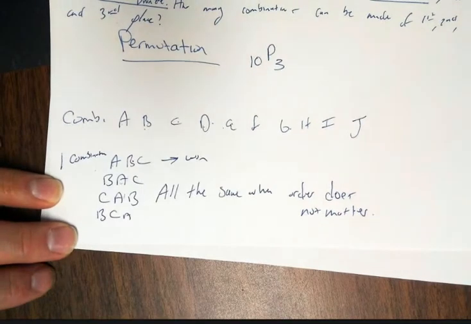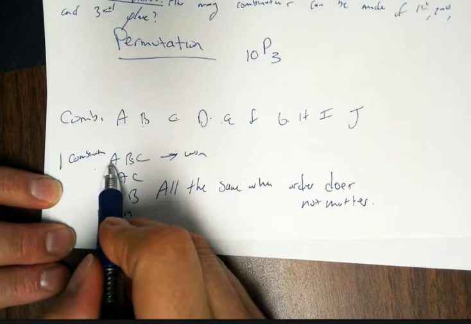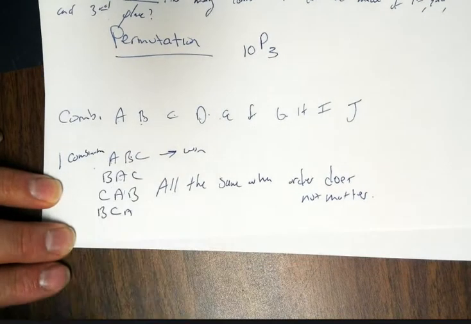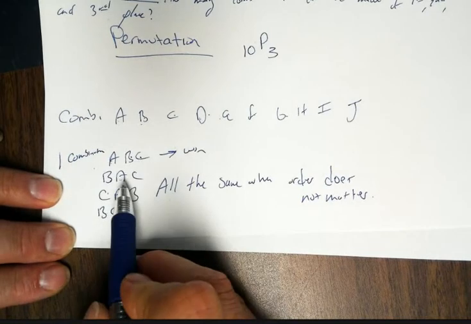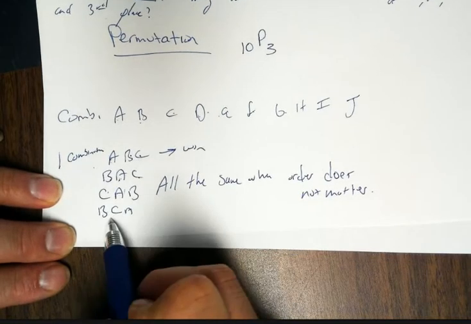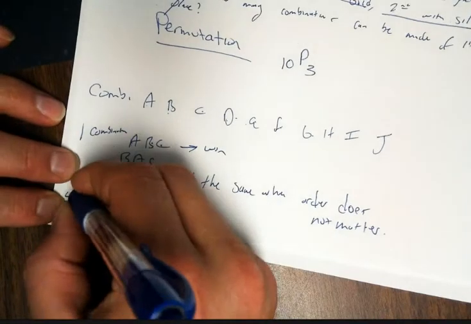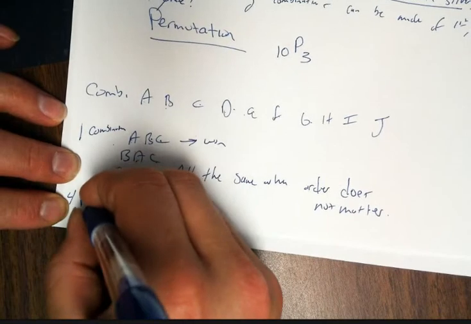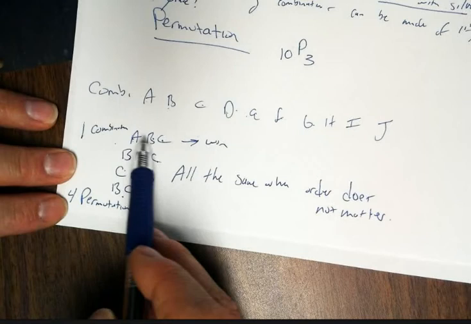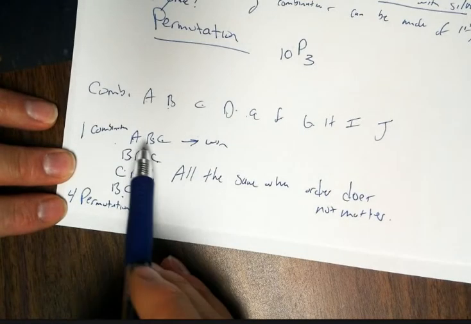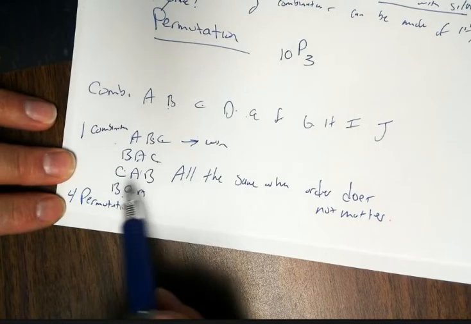But if we talk about order mattering, A came in first here, B came in first here, C came in first here, and then instead of C coming in third here, C comes in second. So this would be how many permutations? This would be 4 permutations. And it's all because this is a different order than this one. Therefore, these are all different. There's a different first place for 3 of these. So each one counts as individual.